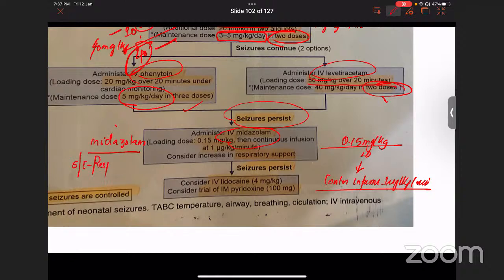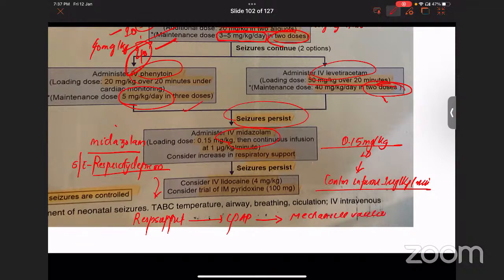Yes, it is respiratory depression. If you have given midazolam, try to increase the respiratory support. Go either for CPAP, but if you require increasing the infusion rate, then better go with mechanical ventilation.